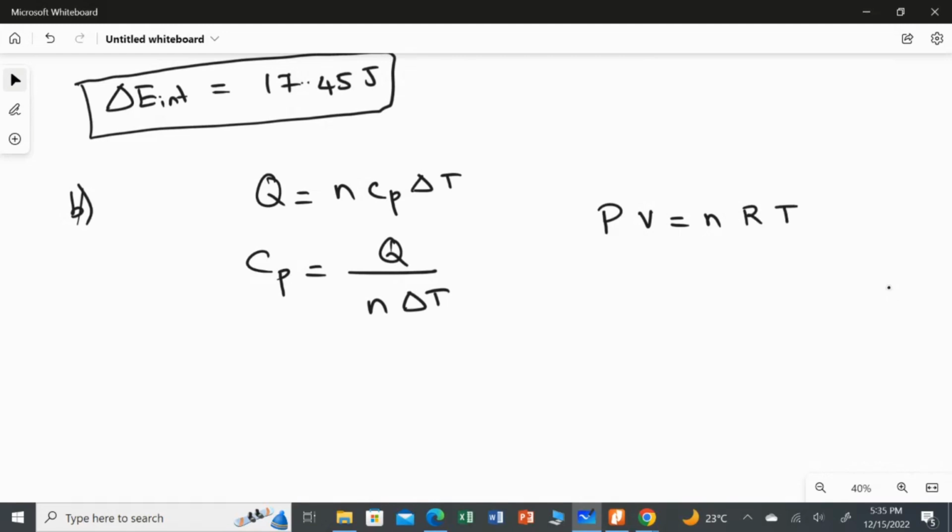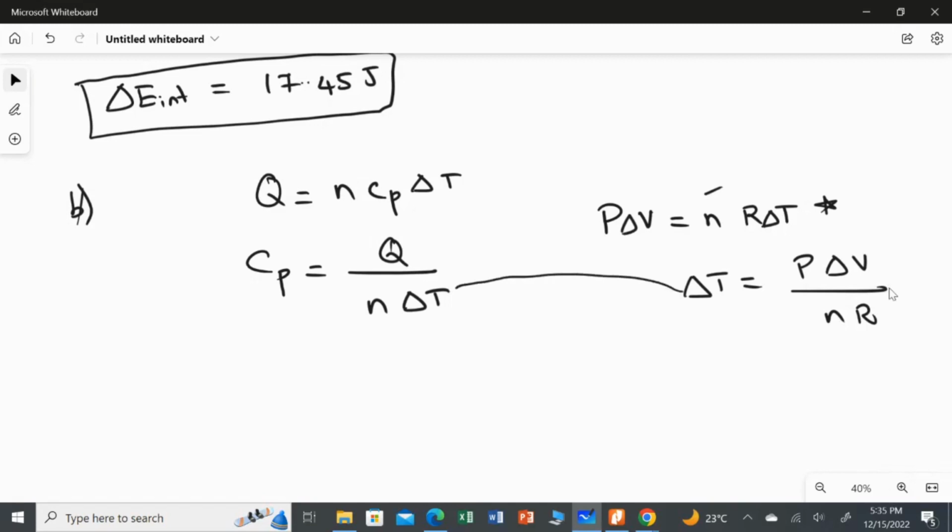But the most important thing here is that the pressure is constant, but the two things are variable, which are delta V and delta T. If you rearrange this equation in terms of delta T, we will get the rule, and I'm going to substitute that delta V here. So this equation will become delta T equal to P delta V over n multiplied by R. Now I'm going to take this and substitute here.